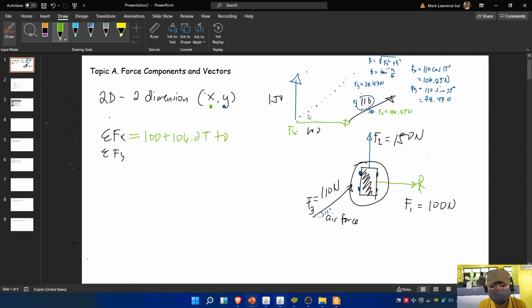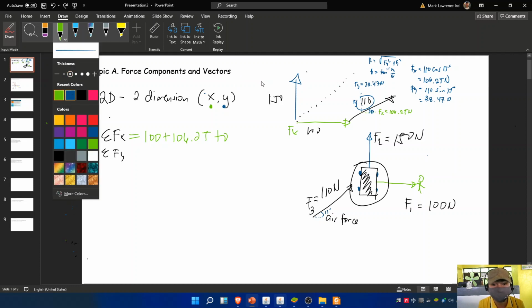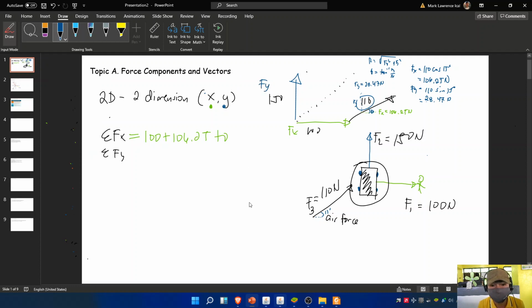Kasi completely 90 degrees yan. Okay. So, walang magiging x component yan kasi siya ay purely y component. Okay, so this is purely y component. Kasi because sine 90 is equals to 0. That is why it's a purely y component.